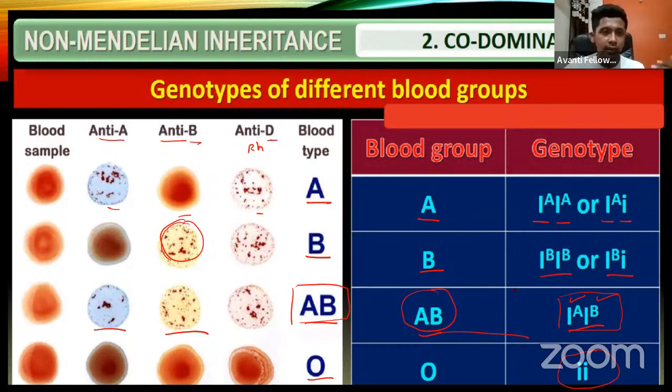So that is why they react to both anti-sera A as well as anti-sera B. And that is why AB blood group people can accept A, B or O blood group without any problem. They are called universal acceptors.